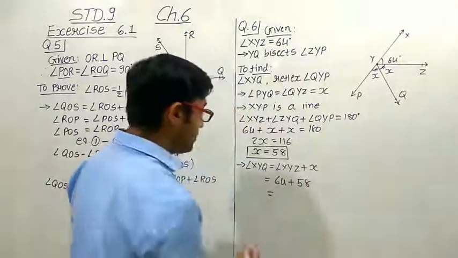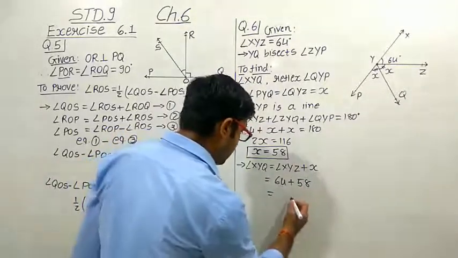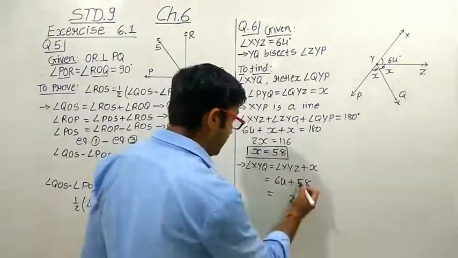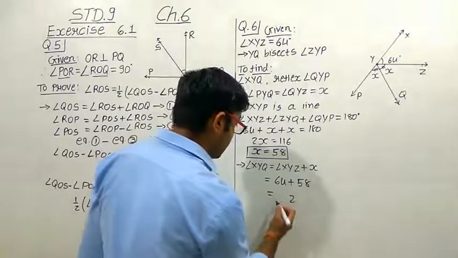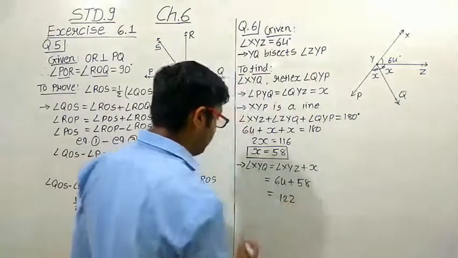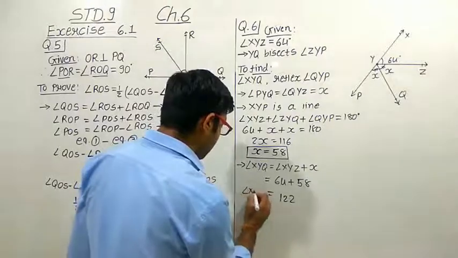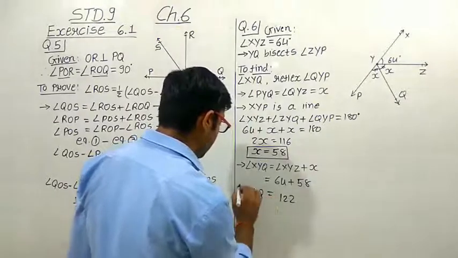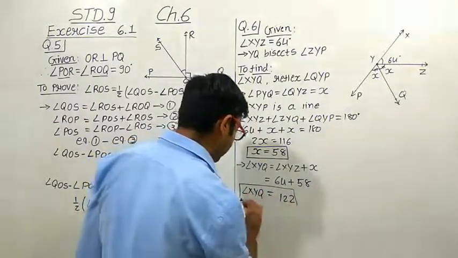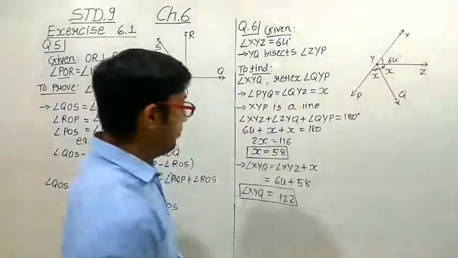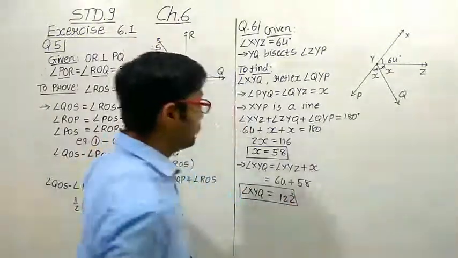So when we add both these angles, what do we get? 4 plus 8 is 12, 2 is here, 1 is the carry, 6 plus 5 is 11, plus 1 is 12. So 122. So this is the value of angle XYQ. Right? Now this is 122 degrees.